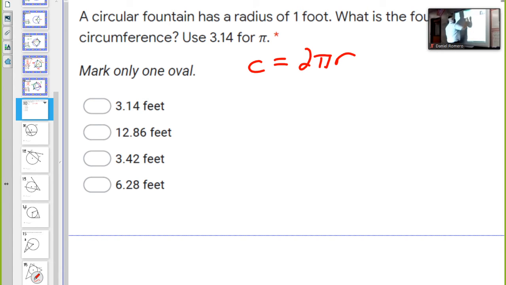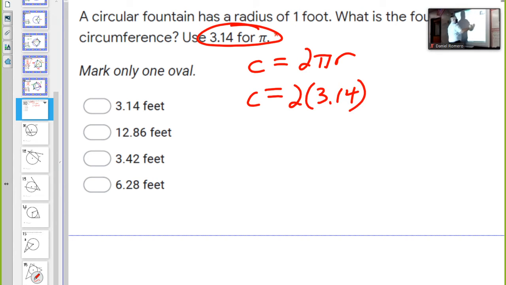And here they give you a substitution for pi, so you have to be careful to see if you leave the pi or not. Here they tell you not to leave the pi. So we're going to have a substitution party. The pi becomes 3.14. The radius is just 1. So 2 times 3.14 times 1 is 6.28.